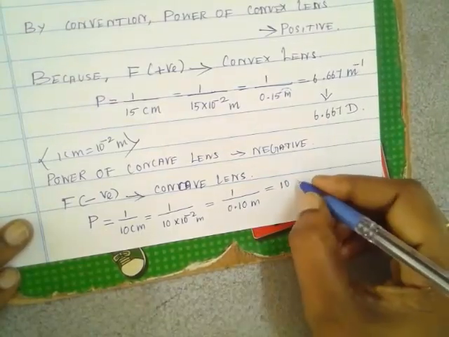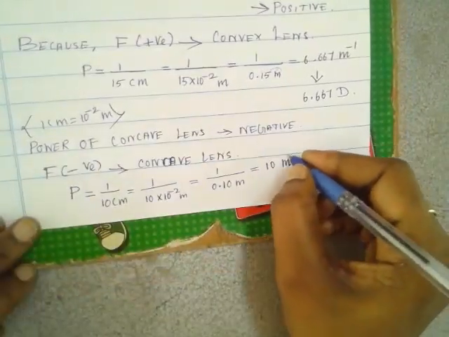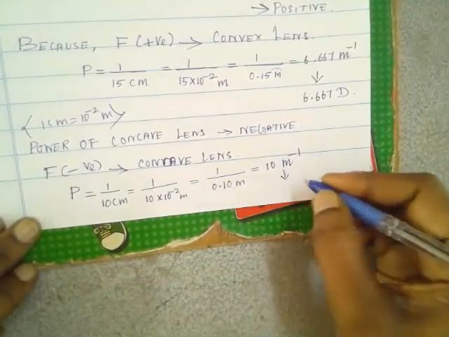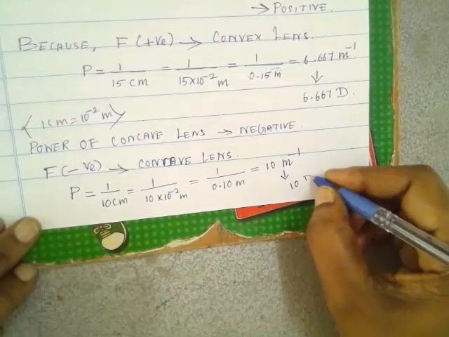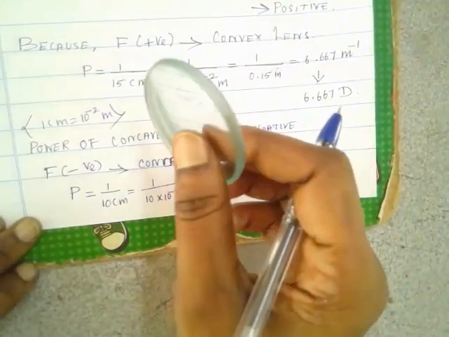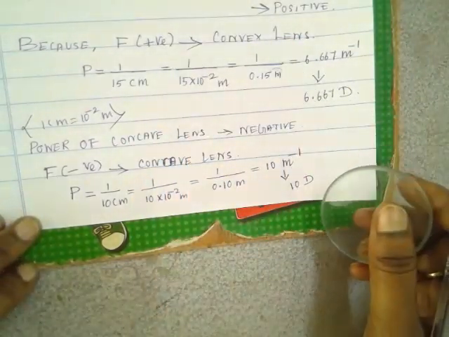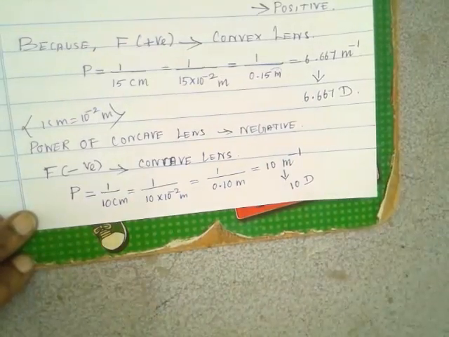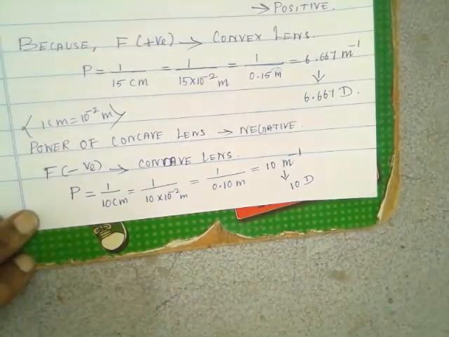This meter goes to the numerator, meaning meter power minus 1. That is nothing but 10 diopter. Now the power of this concave lens is 10 diopter. Thank you for listening.